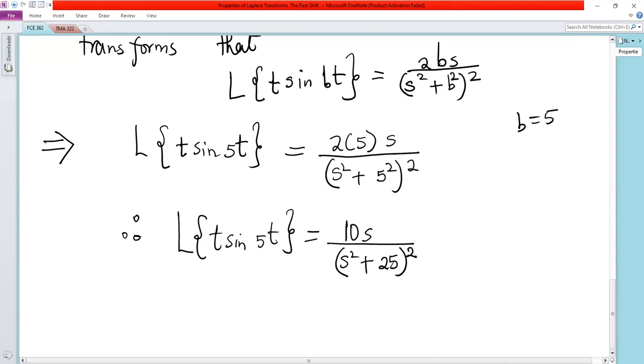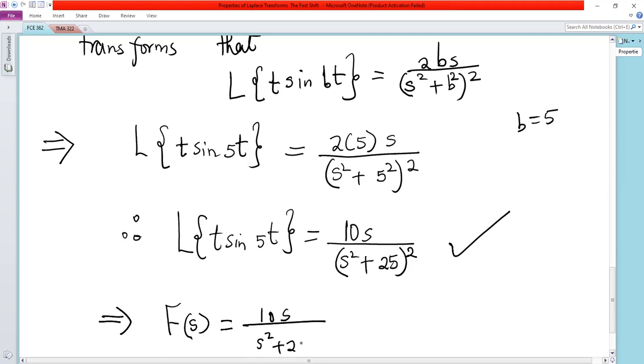So this is the answer to the first part. And this implies that F of s is given by 10s divided by s squared plus 25, then you square this.